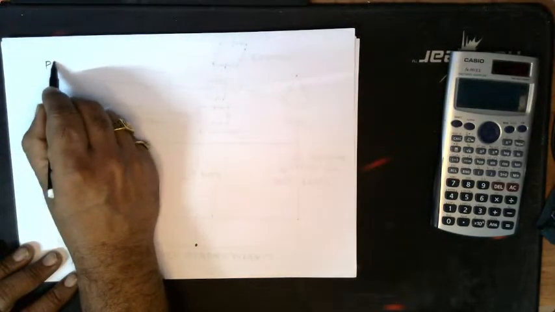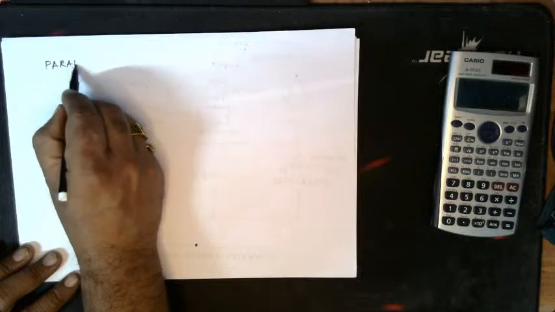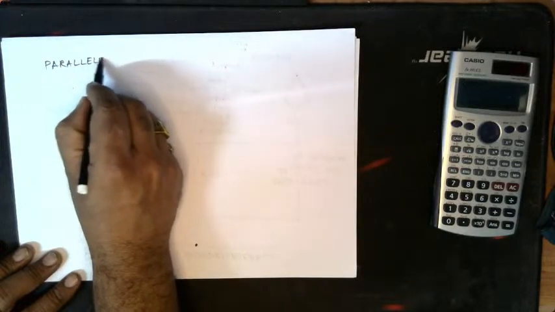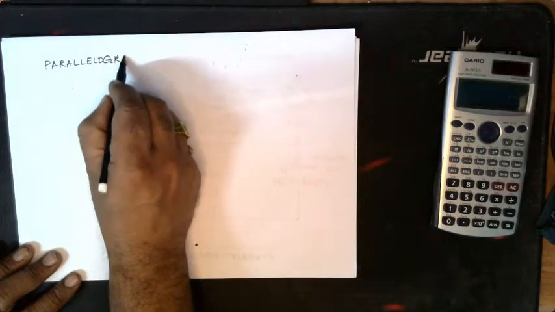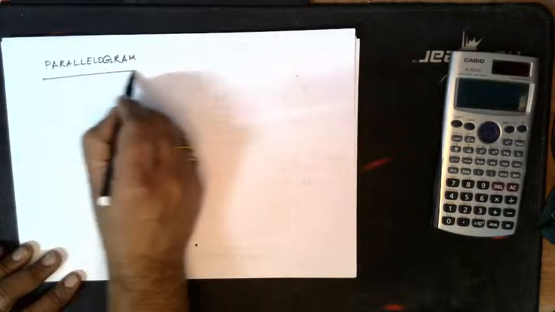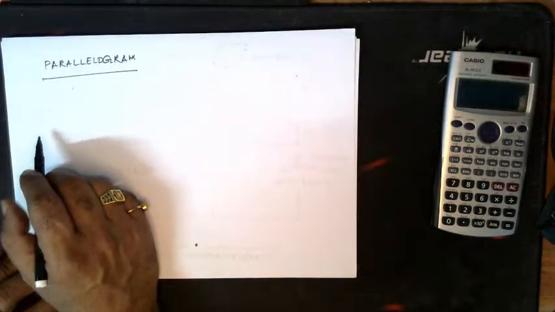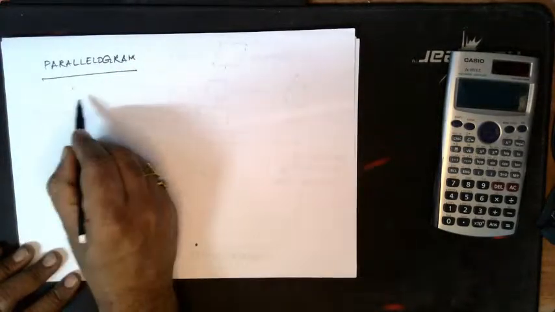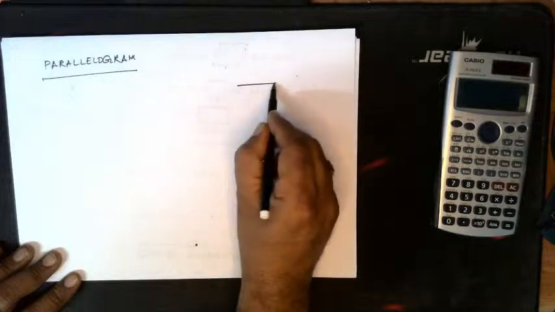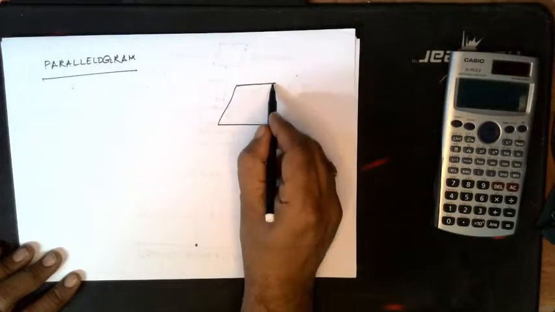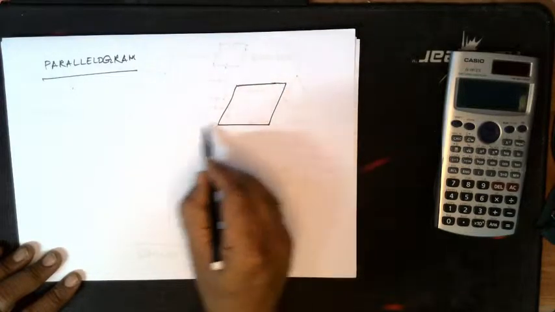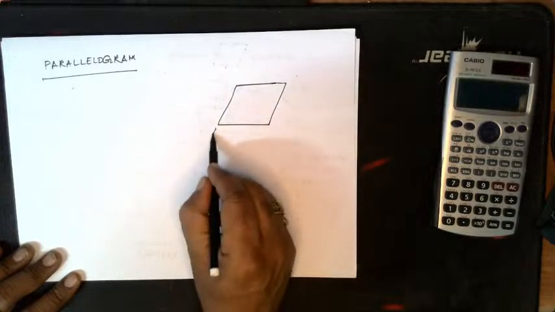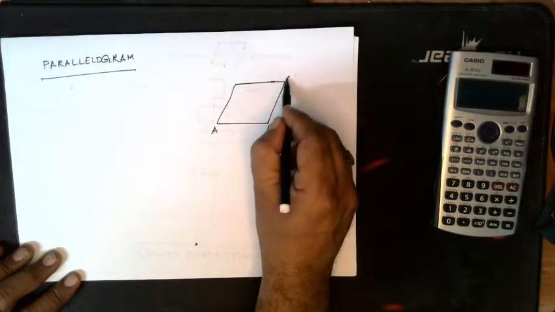Properties of parallelogram. First you draw the diagram. This is the parallelogram. You have A, B, C, D.